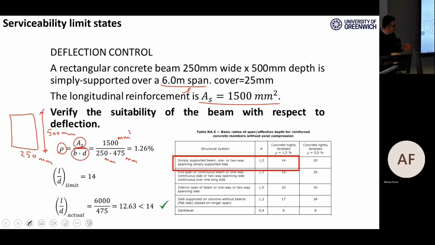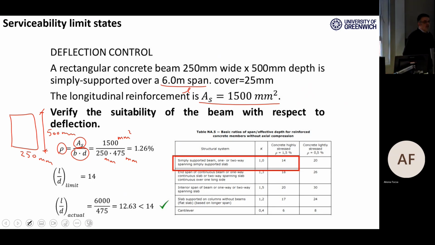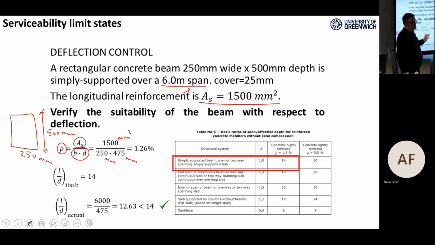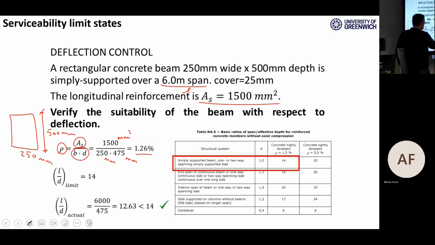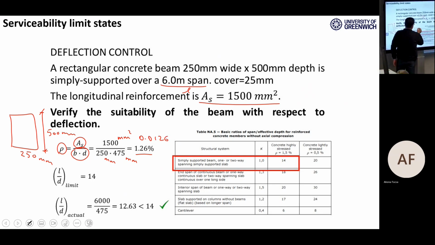That's fine. So, as you see, rho doesn't have any dimension. Square millimeter over square millimeter, right? Rho is always dimensionless. So it's 1.26%. Percent means the number is really like this.